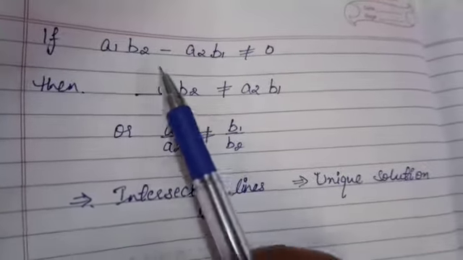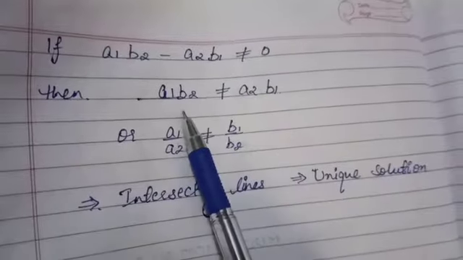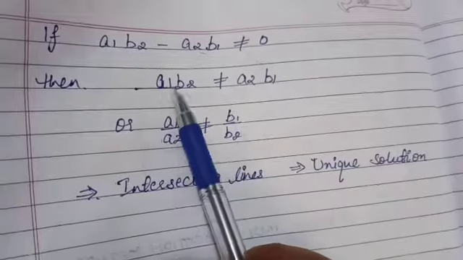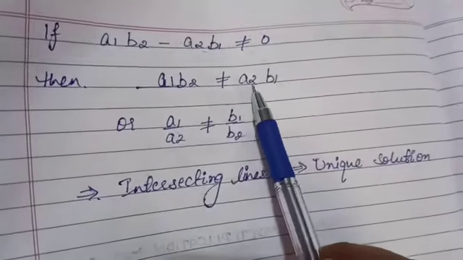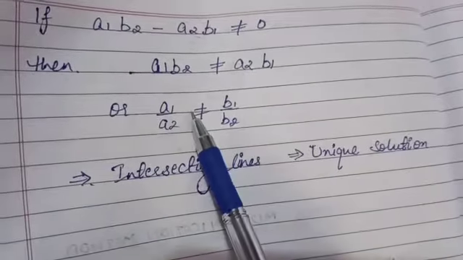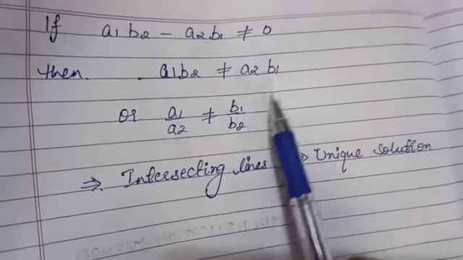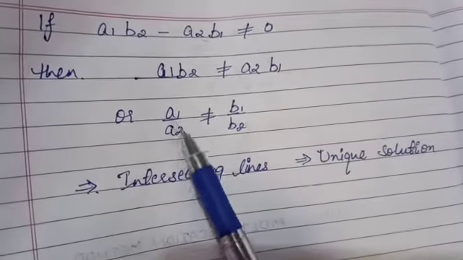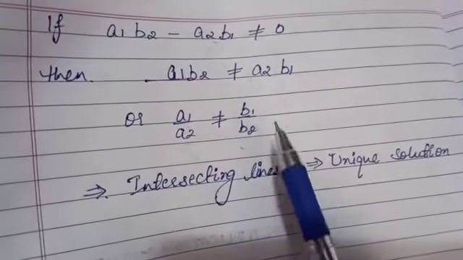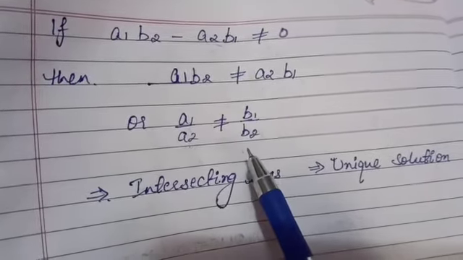Further, a1b2 minus a2b1 not equal to 0, what does it mean? It means that if we shift this to this side of the inequality, this becomes a1b2 not equal to a2b1, or we can say a1 by a2 not equal to b1 by b2. This is something which we have studied in a table earlier.